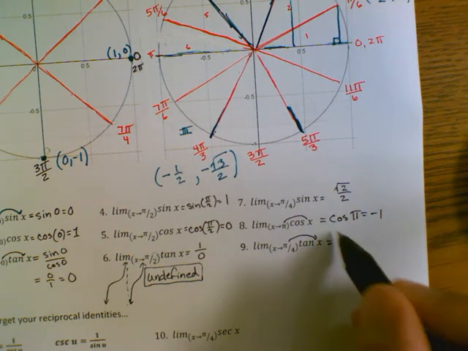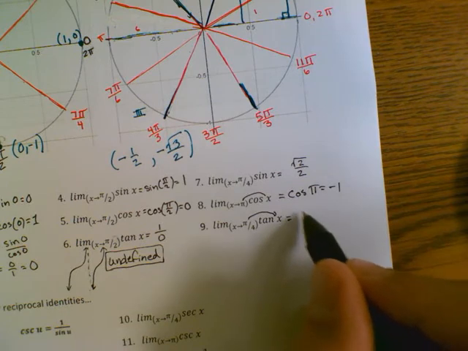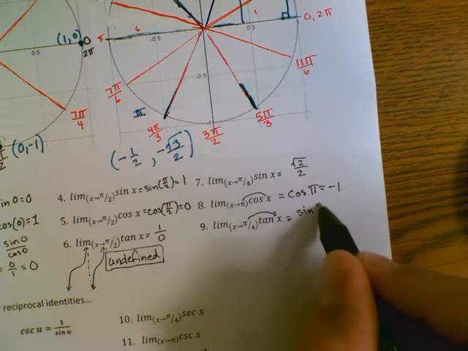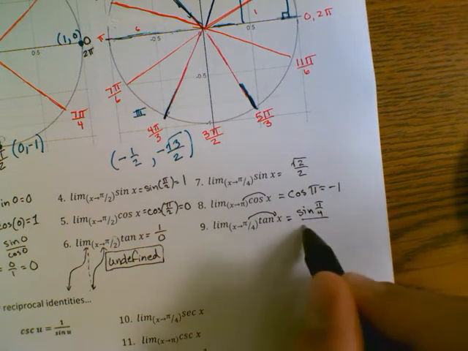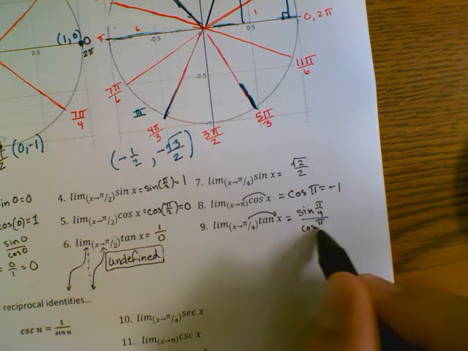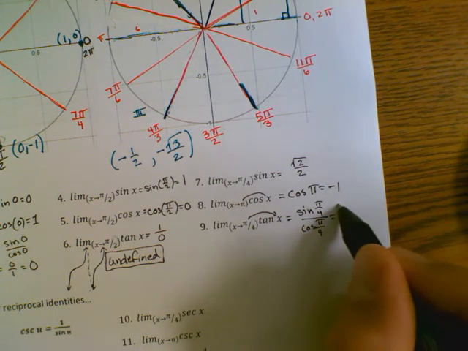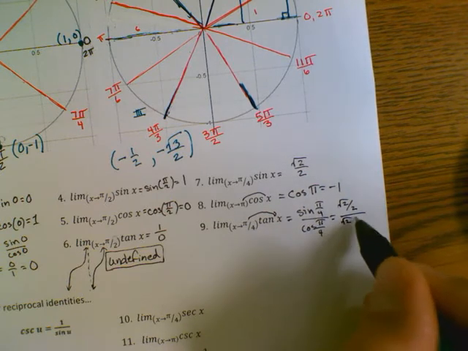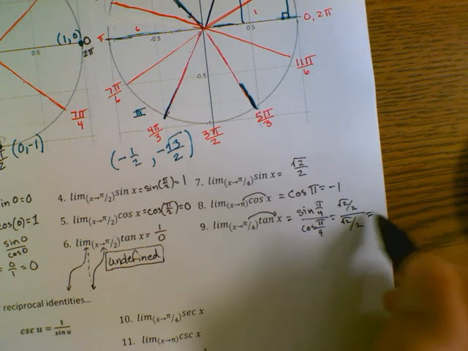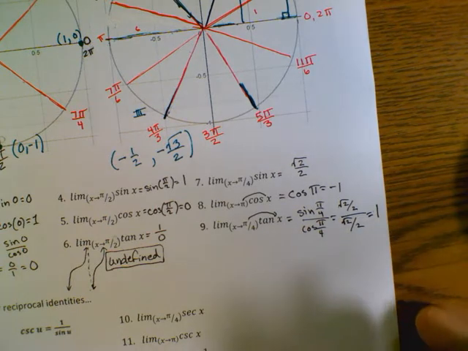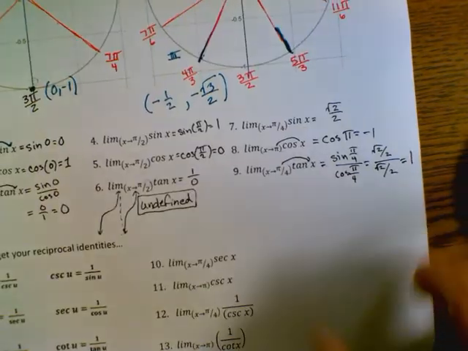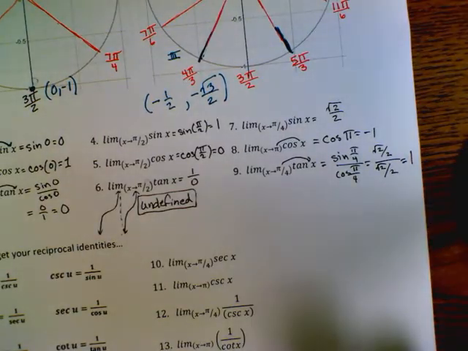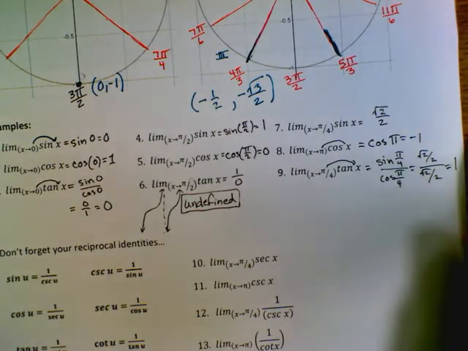That would be the sine at pi fourths over the cosine at pi fourths, which is root 2 over 2 divided by root 2 over 2. Aha, so that simplifies to 1. All right? And you can confirm all of these with your calculator. However, this is non-calculator work.